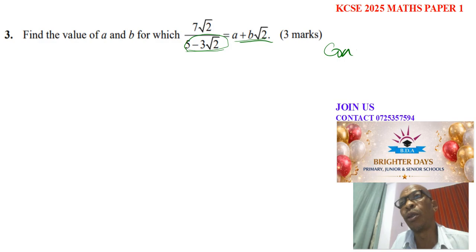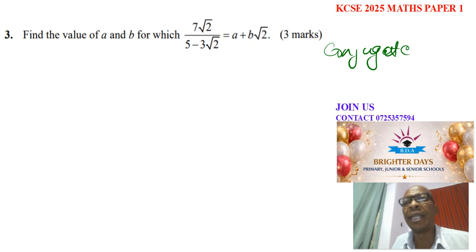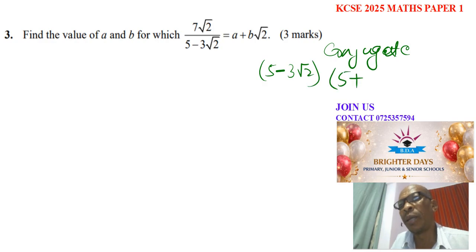A conjugate is an expression which will give us a whole number when we multiply by it. To get the conjugate, we just change the sign, so we have 5 minus 3 root 2, and if we change the minus, we have 5 plus 3 root 2.